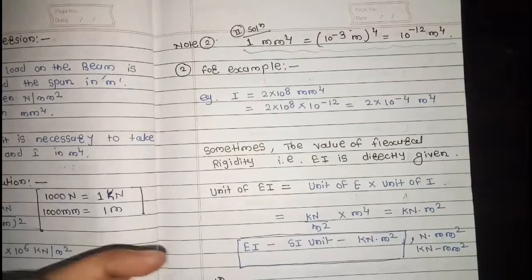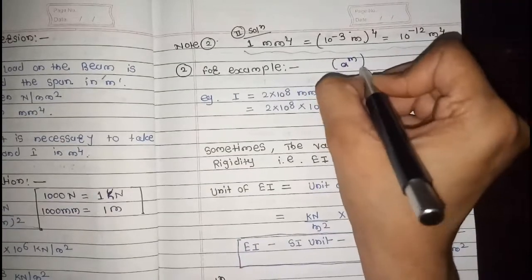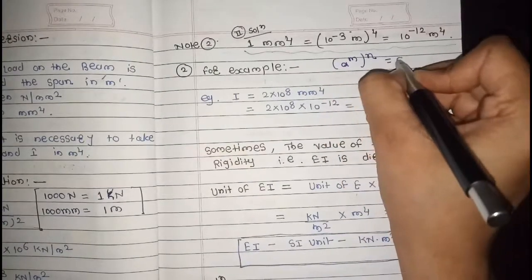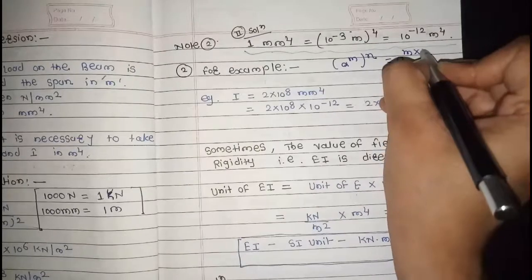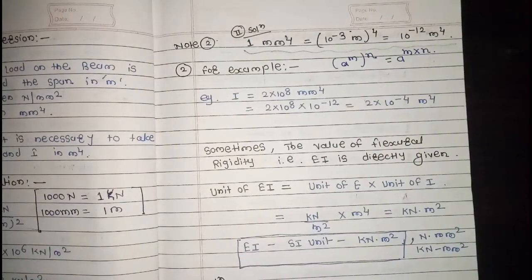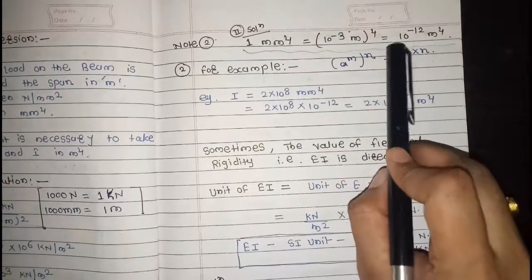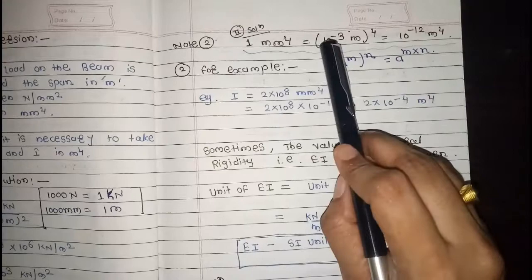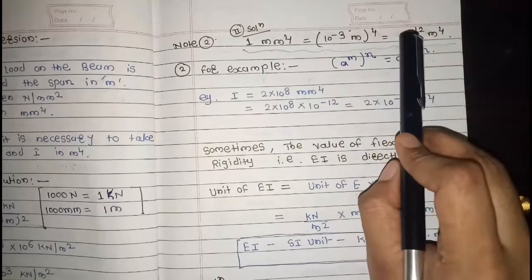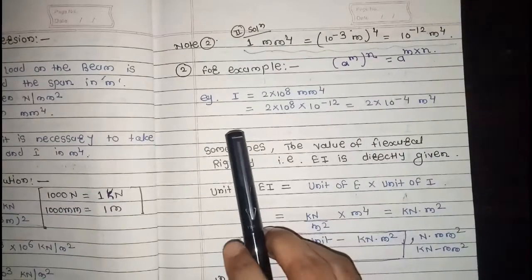This is the formula: A raised to m, raised to n, is equal to A raised to m into n. So 10 to the power minus 3 meter raised to 4 is equal to 10 to the power minus 12 meter raised to 4.